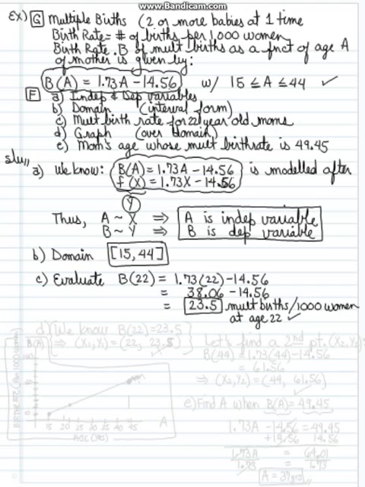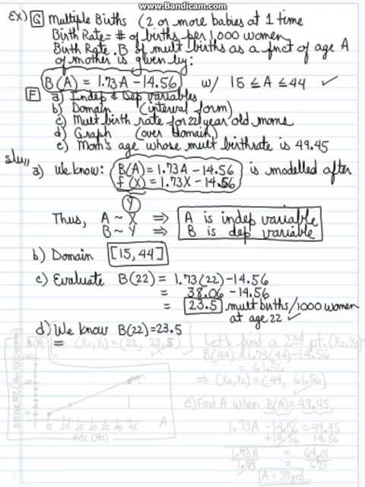Okay, let's go to part D. We're going to do the graph, and we're only going to consider the domain. Let's see what we already know. We know that b of 22 is equal to 23.5.